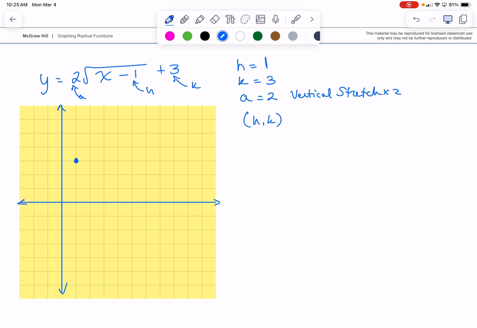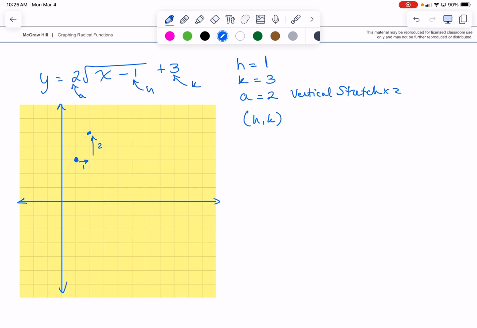And then I'm going to go over 1 and up 2 to get my next one. And over 4 and up 4. 2 times 2, right? To get my next one, and boom. There's my square root function, right?